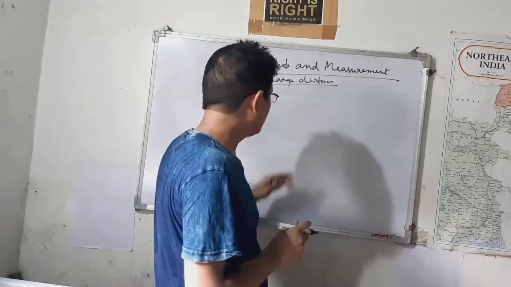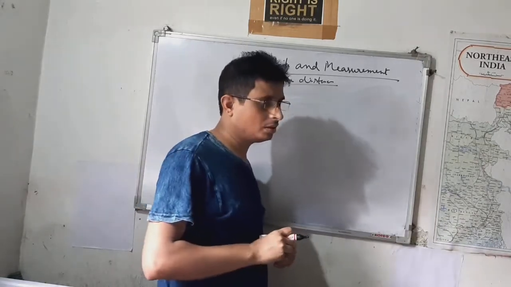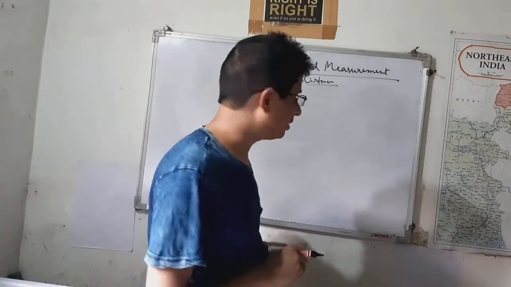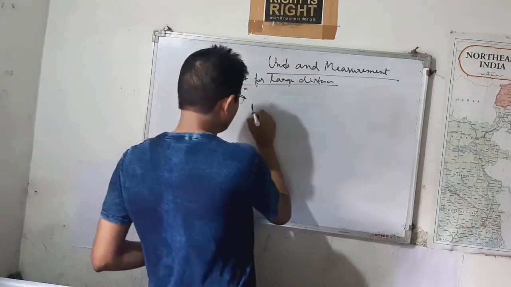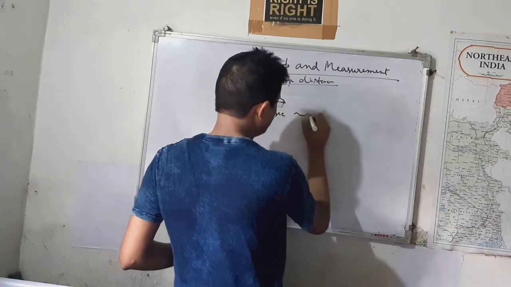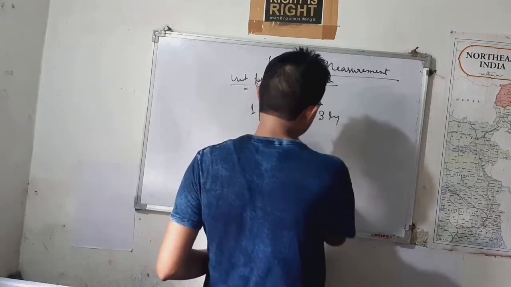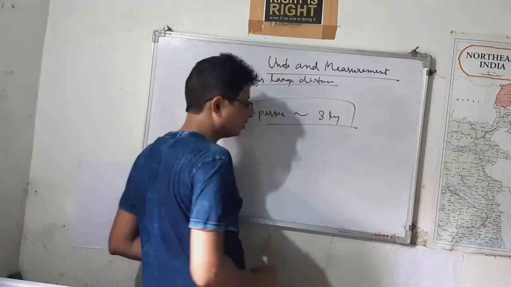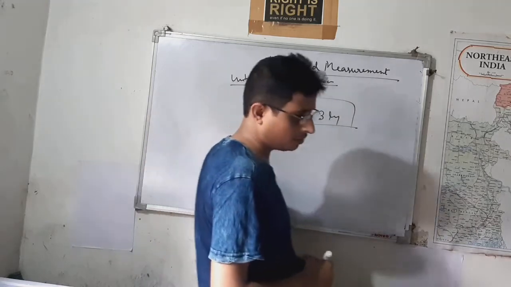There is one relation you often use in astronomy, where 1 parsec is approximately equal to 3 light years. So this relation is often used in astronomy.